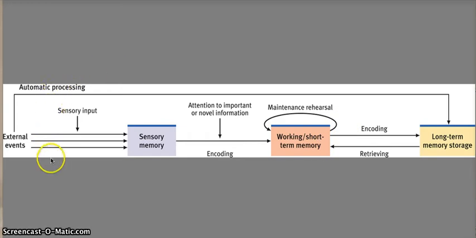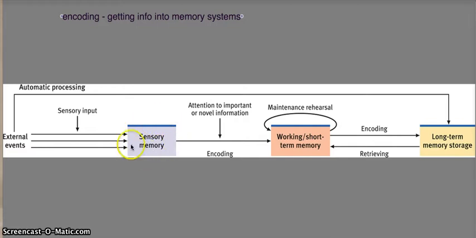So when we talk about creating memories, the first step is encoding. In encoding, what you need to do is put information into your brain. You need to be able to get it from the outside world into your memory systems.